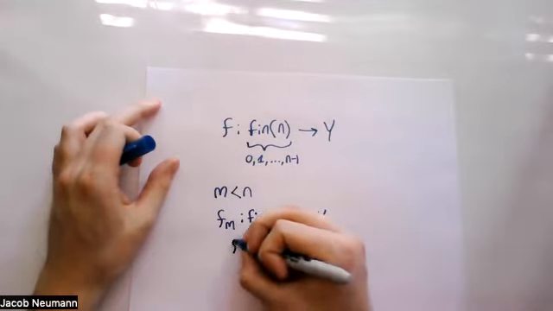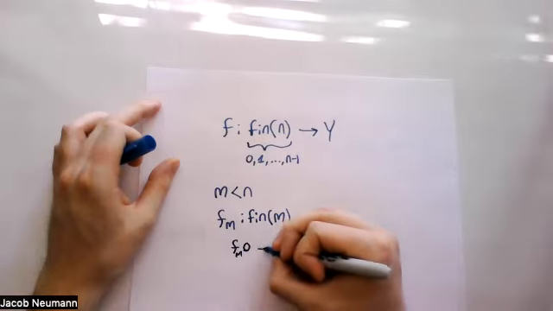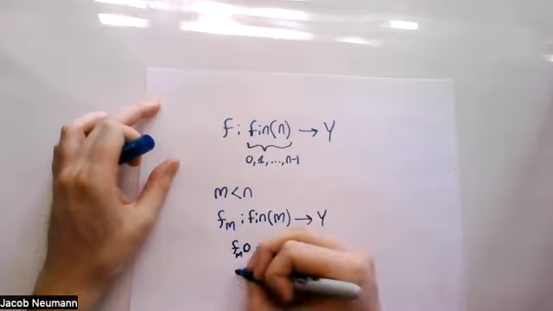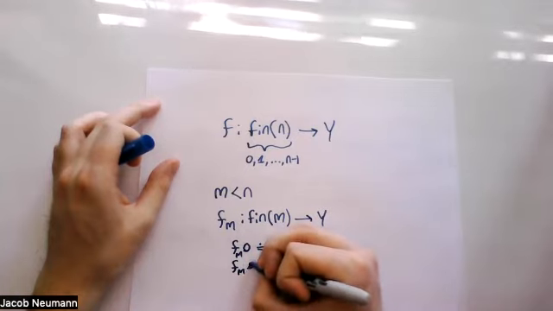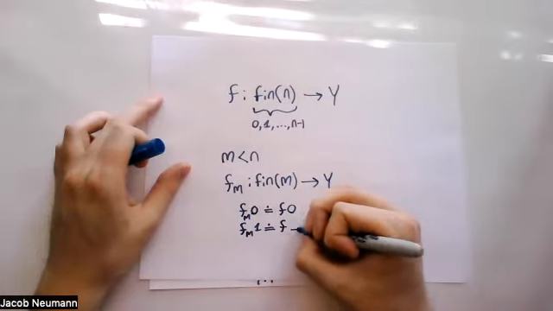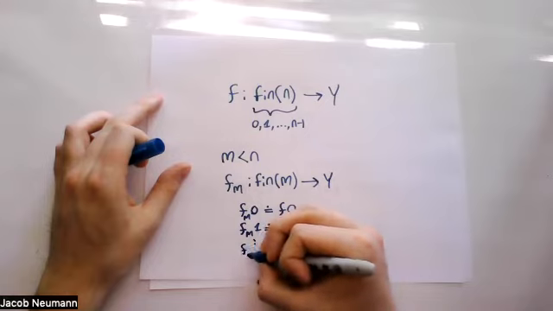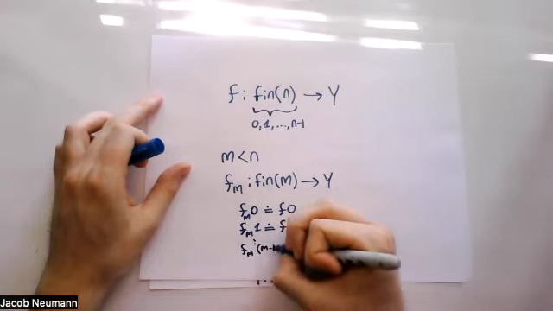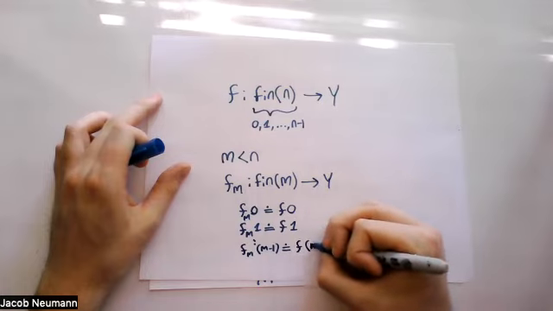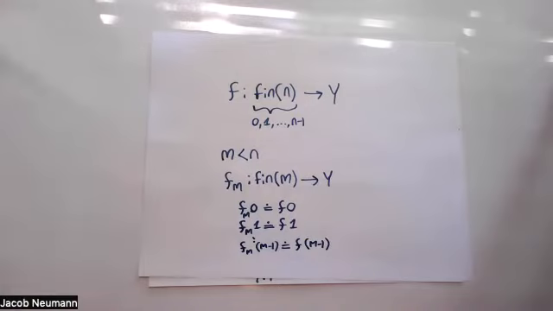So f_m of 0 is defined to be f of 0, f_m of 1 is f of 1, and all the way up to f_m of m minus 1 is f of m minus 1. So that'll be useful in this problem.